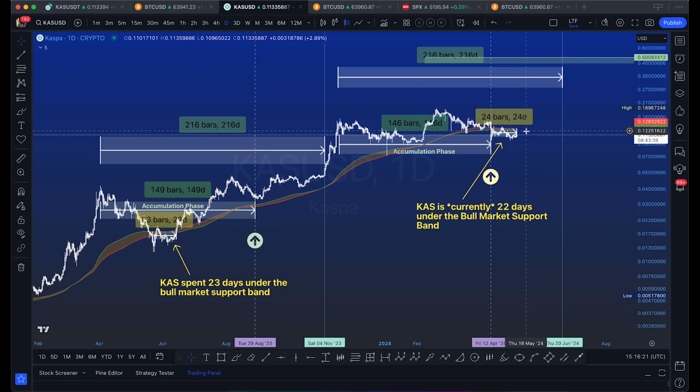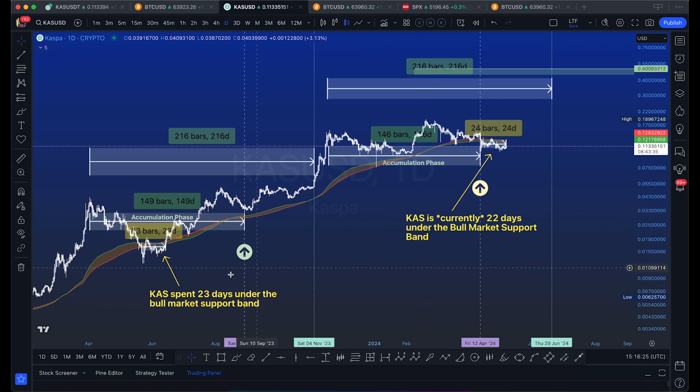So we're basically just going sideways as we did here. There's really nothing too much different. Further below the 20 and 21 week SMA and EMA, Kaspa did in fact drop down for about 23 days below these moving averages, closing candles on the daily time frame for about 23 days.